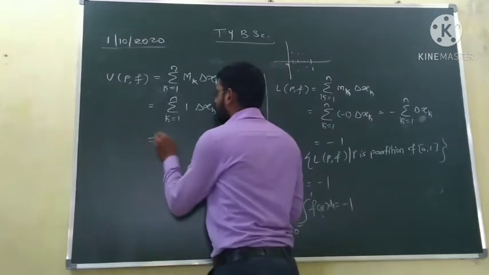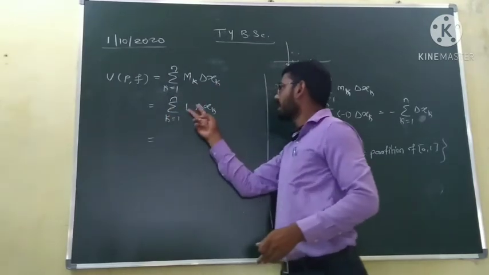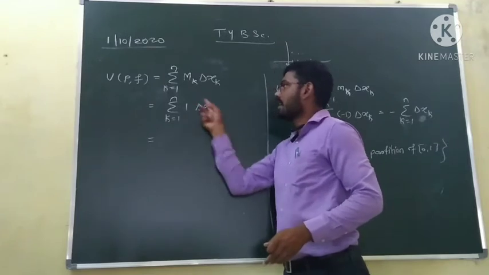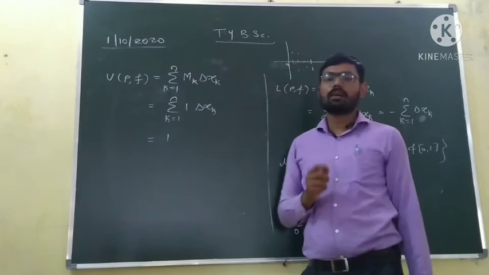So summation delta x k is 1. So the upper sum becomes 1.